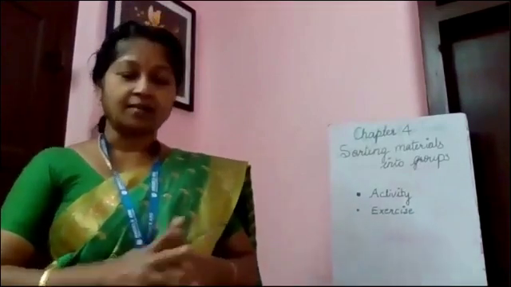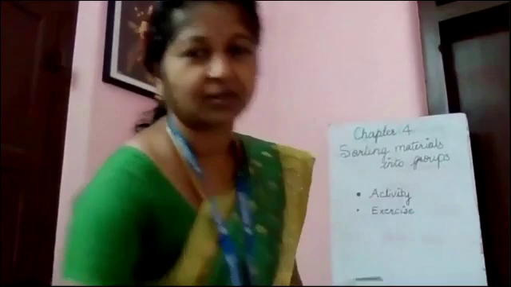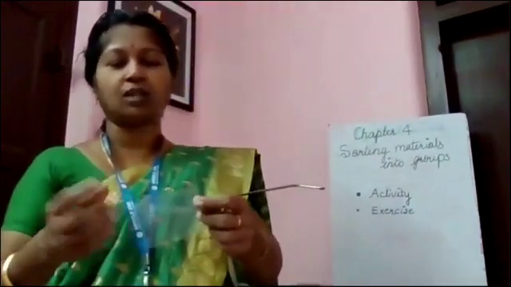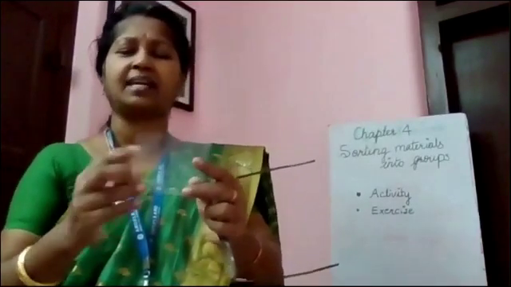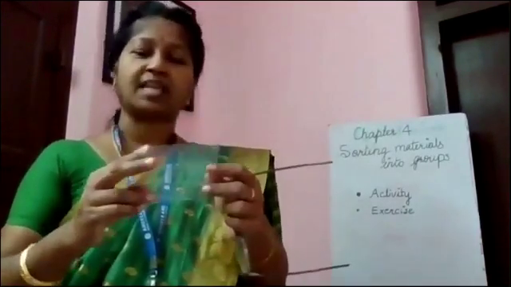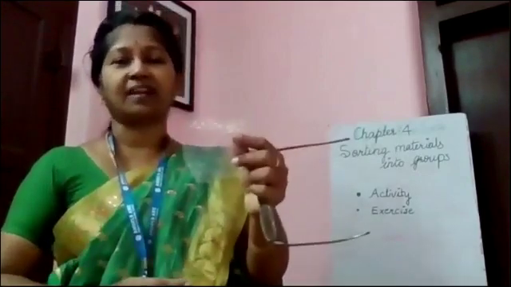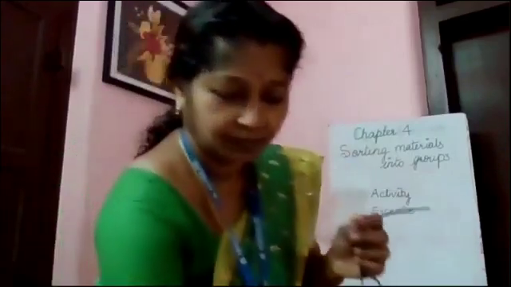the notes. Once again, for a transparent object you can use a polythene paper, a polythene cover. A small piece, a 5 centimeter square, can be used as the transparent paper. So this is transparent.